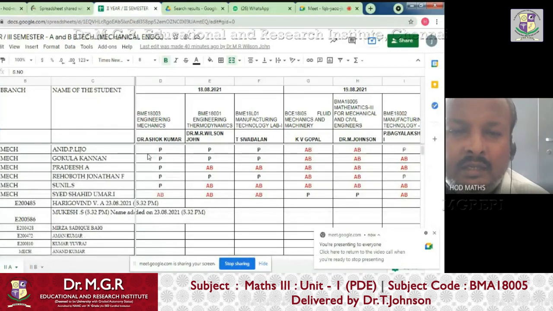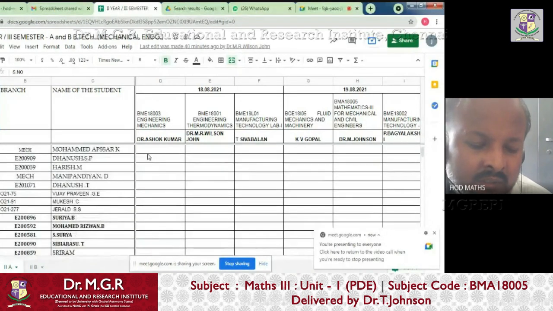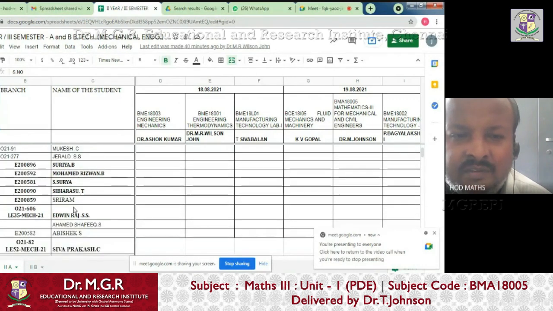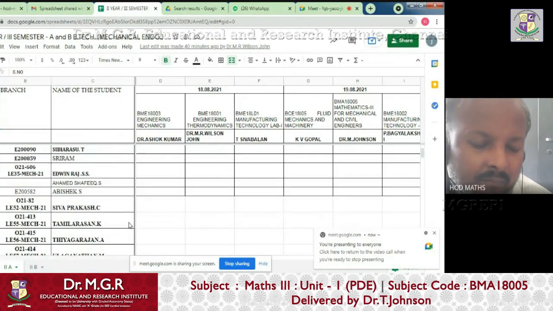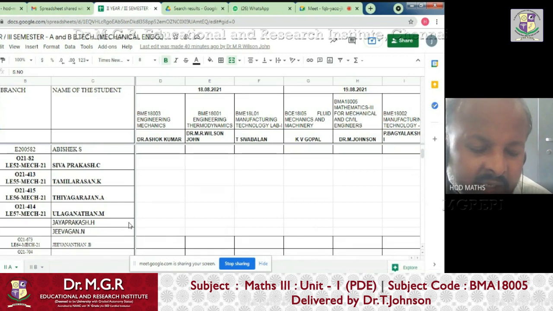So here you can check the serial number. Up to 36, that is up to Shiva Prakash, there is no change. But there are two names in 37 and 38 that are deleted now, and previously 39 was Samlarasan, now Samlarasan is 37.